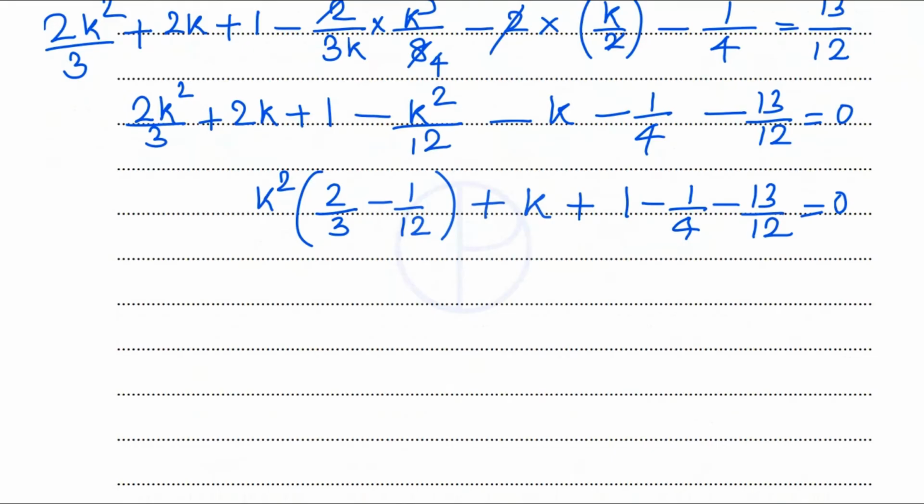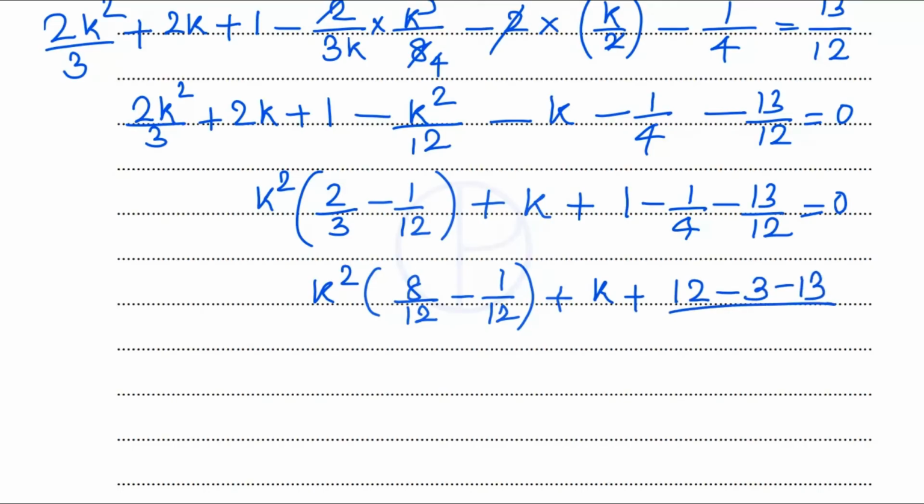Let's take LCM as 12. So k square 8 divided by 12 minus 1 over 12 plus k plus 12 minus 3 minus 13 divided by 12 equal to 0. Let's simplify this one.